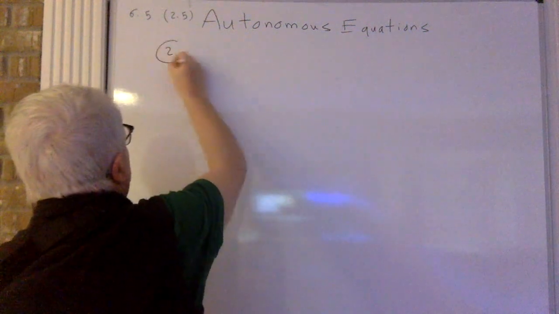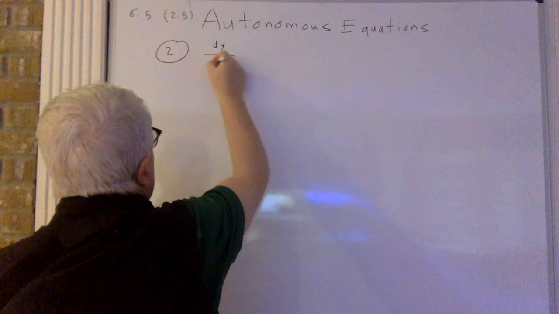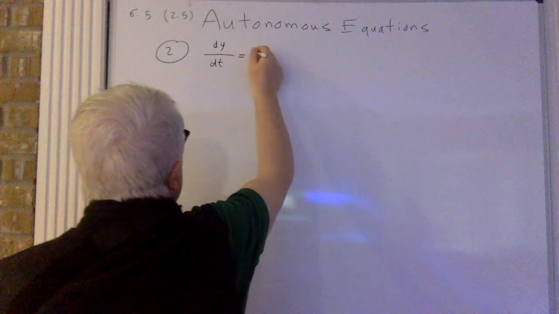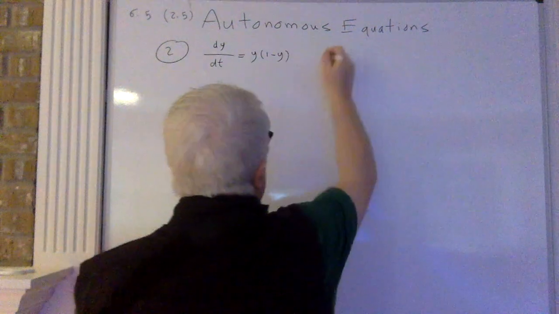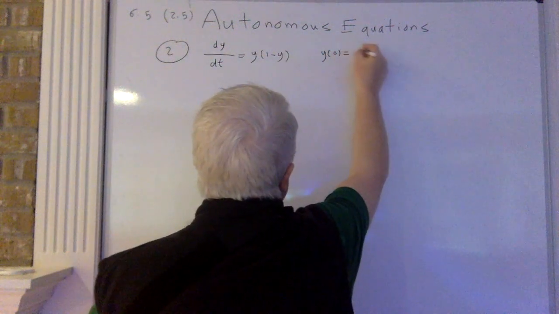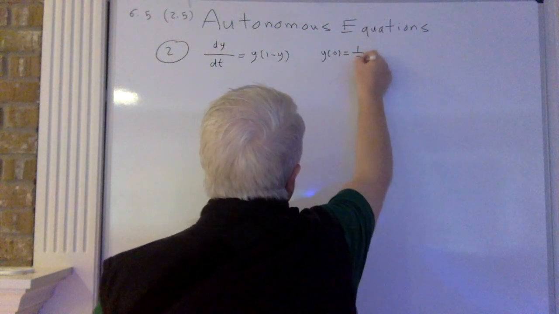So number 2 was dy/dt. Let's just solve the simplest one, no constants here, and y at 0, let's say it is 1.